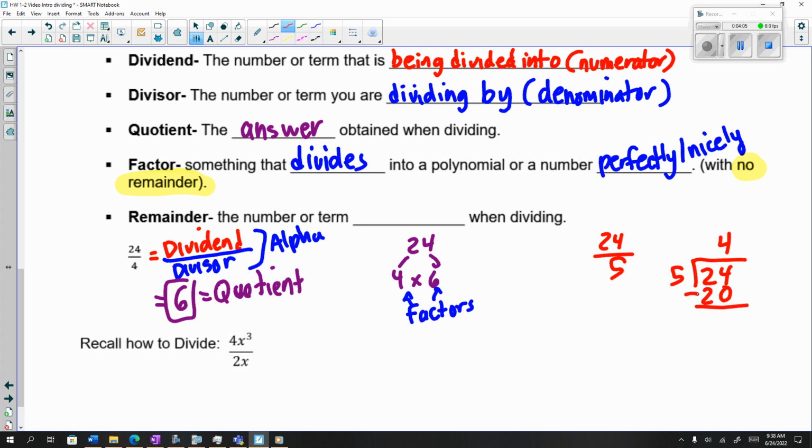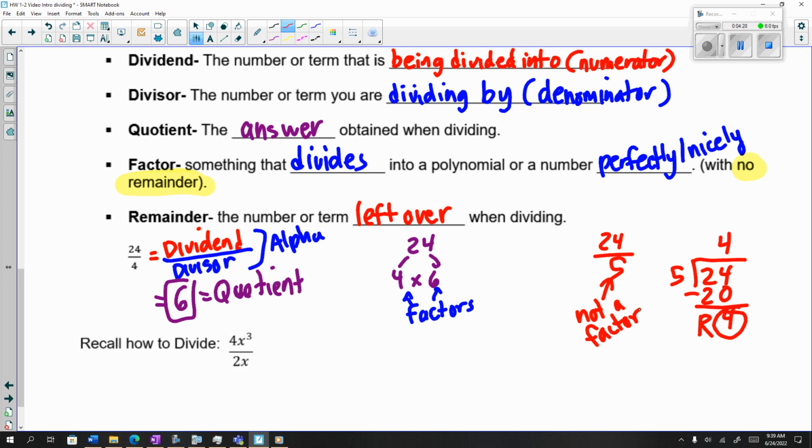And then when you subtract, oh, you get something left over, remainder. Remember you guys used to put a big R there? That's called the remainder. So the number or the term left over when dividing is called the remainder. So in this case, that means that 5 is not a factor of 24 because it doesn't go in nicely.